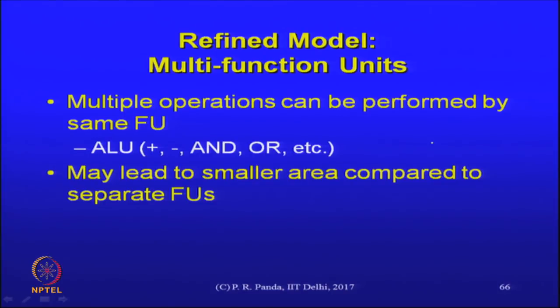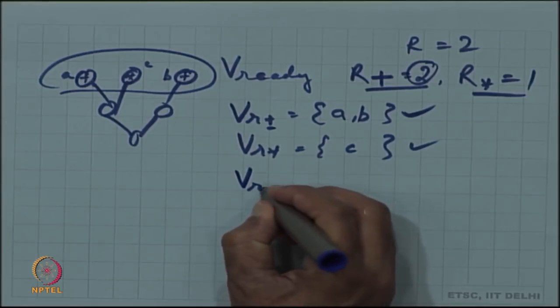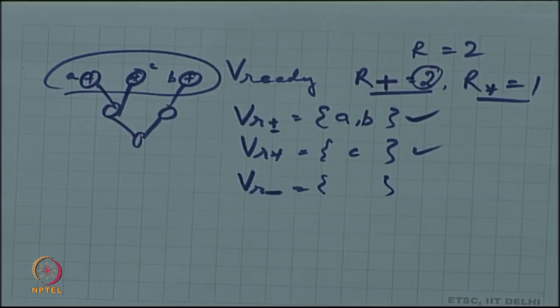In what way would it change? Again, the ready list is the same as earlier, but earlier you would have maintained a different ready list for the subtractor operation, and now you may actually combine them into a single ready list.